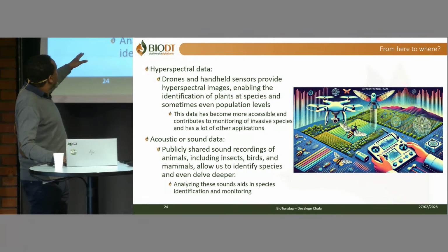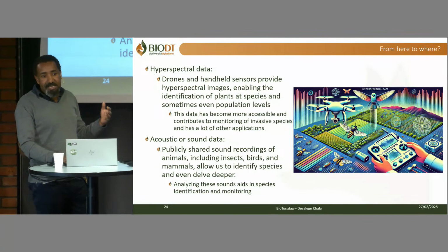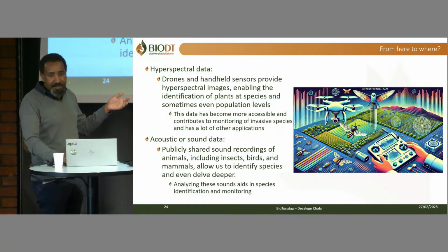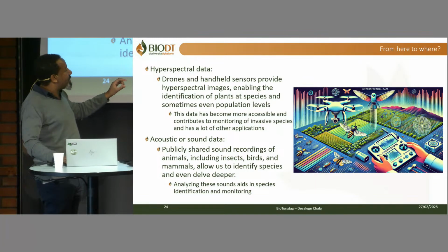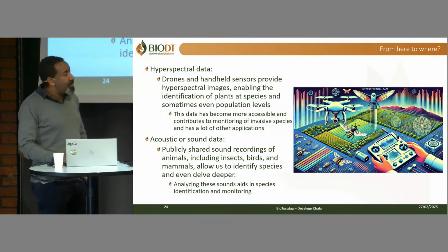We also produce a lot of acoustic or sound data, and this sound data can enable us to identify animals at the species level, and probably human beings at the individual level as well. We are using face recognition, and probably we can also use sound recognition, because the sound of each of us can serve as a signature. It's unique to us, so using this data, we can do a lot of stuff.